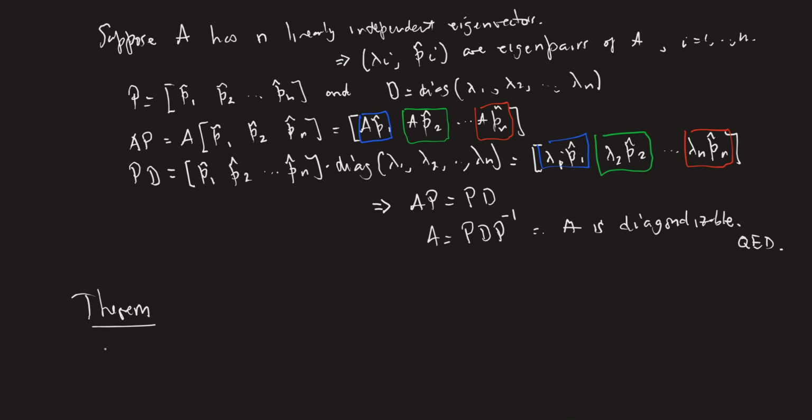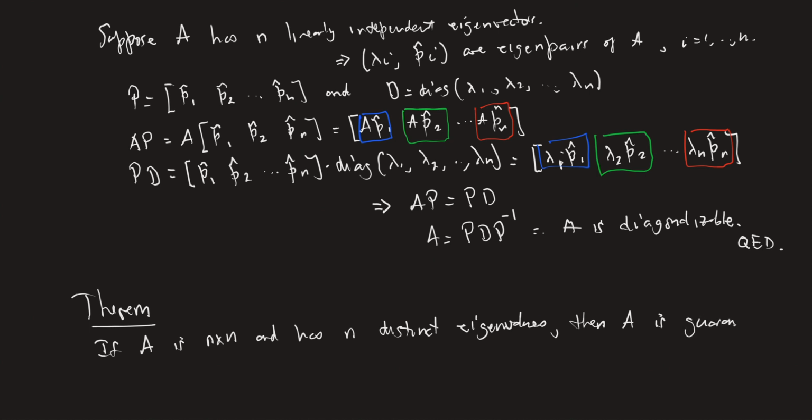So it says this: if A is n by n and has n distinct, so no repeated, n distinct eigenvalues, then A is guaranteed to have n linearly independent eigenvectors.